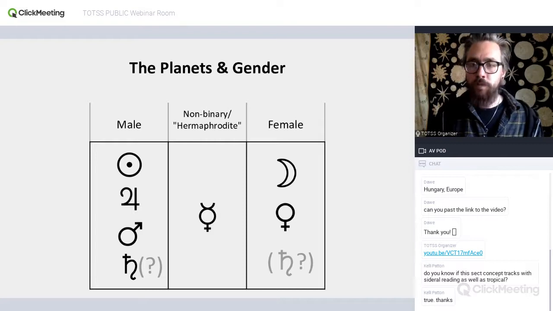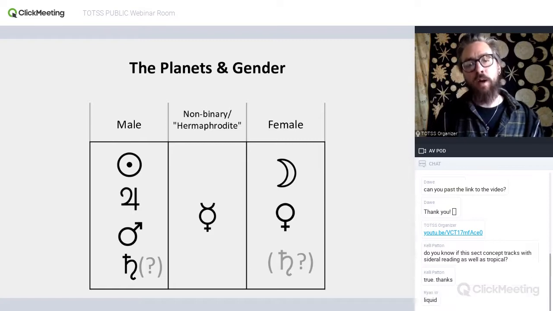So, for the Sun, Jupiter, and Saturn, I use masculine pronouns, and for Venus and the Moon, I use feminine pronouns. And I've been trying to get in the habit of using singular they for Mercury. Mercury was traditionally called hermaphrodite, though I think the idea is better conveyed in modern parlance by the term non-binary. Mercury is sort of neither male nor female, or is both or either in different senses.